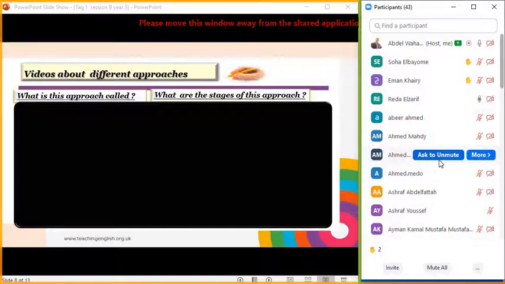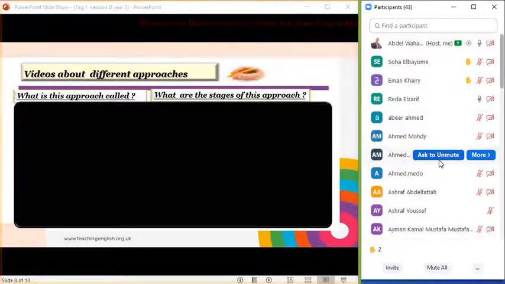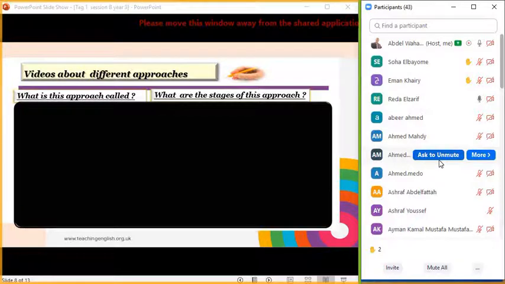Yes, I think this approach is called TBL. Okay, what else? The stages here are pre-task and during the task and post-task. Pre-task here, the teacher creates interest in the topic. The teacher models the task.